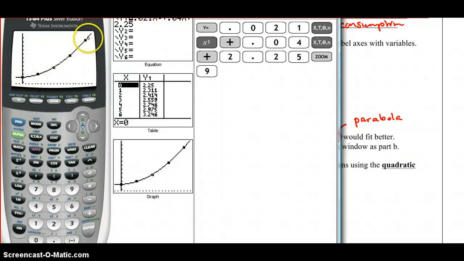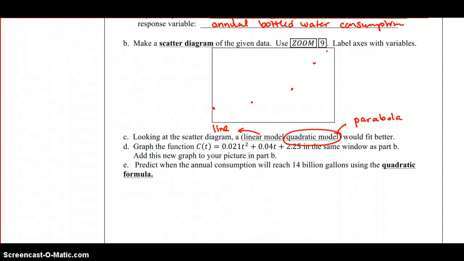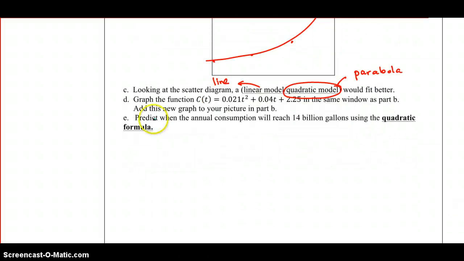And so we can see that the graph they've given us does model our data very well. Okay. So predict when the annual consumption will reach 14 billion gallons using the quadratic formula. So this 14 billion gallons is a value of y, or in this equation was our c.